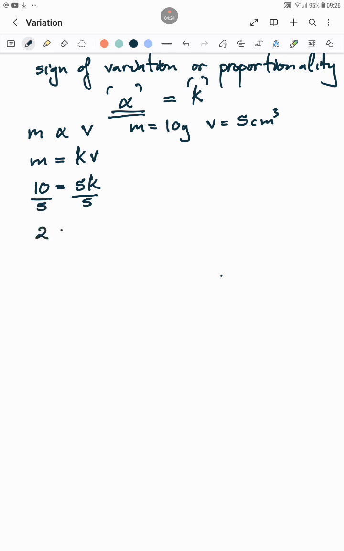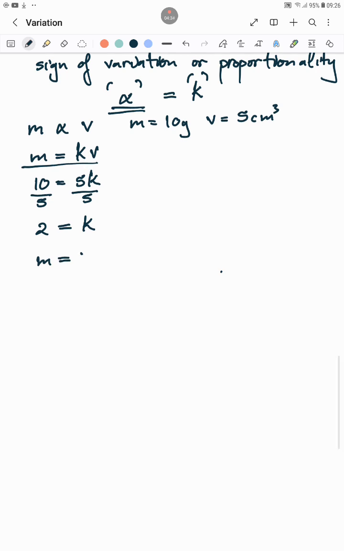Here you get 2 is equal to k, and the next stage would be m is equal to 2v after you have found the value of the constant.